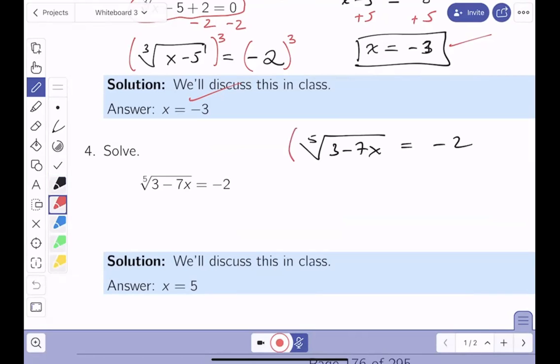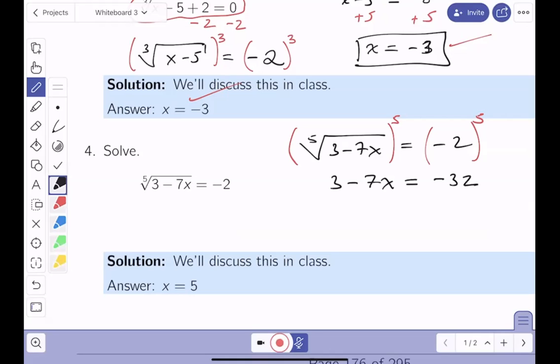I'm going to raise both sides to the index of the radical, which is 5. And what would you get? You would get 3 minus 7x equals, let's see, minus 2 times 2 is 4, minus 8, 16, minus 32.